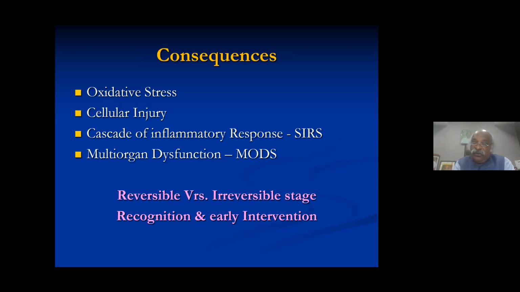If it goes beyond to the irreversible stage, by the time the vital organs, the brain functions, deteriorate, you cannot save the patient. Therefore, the prime important part for clinicians is recognition and early intervention. You have to recognize it early and intervene at the right moment, whether it's a medical or a surgical intervention. And that is the main purpose of a clinician.